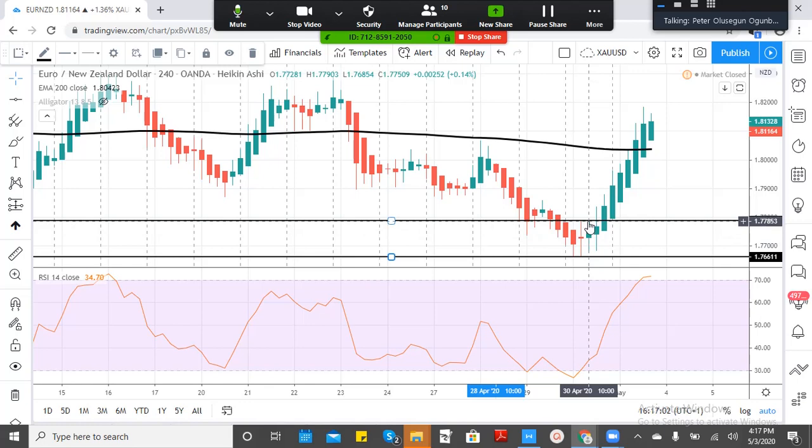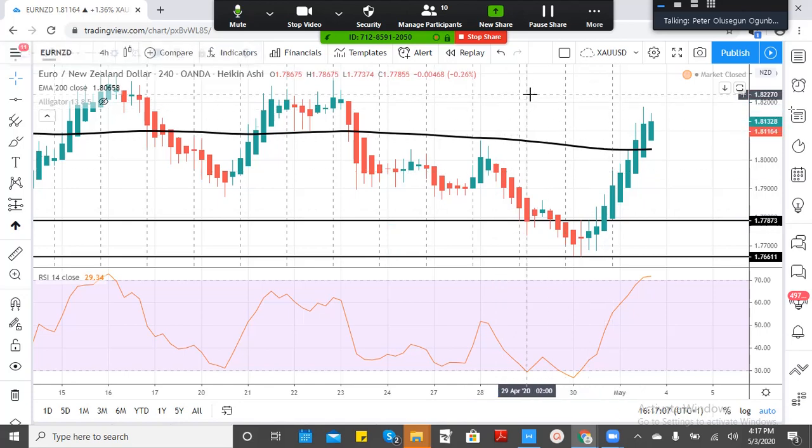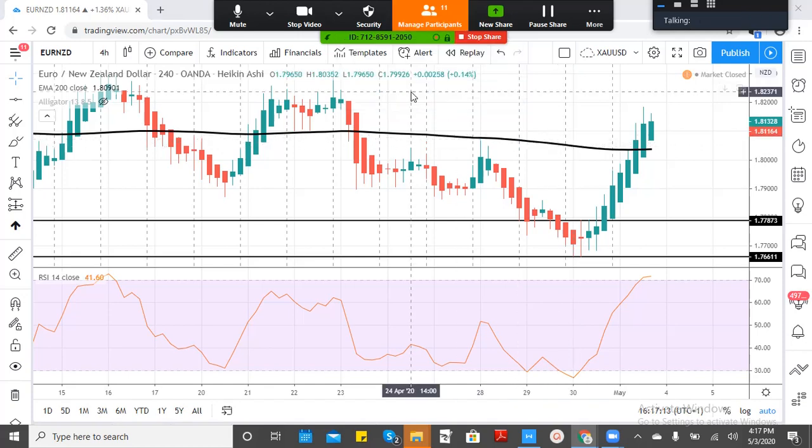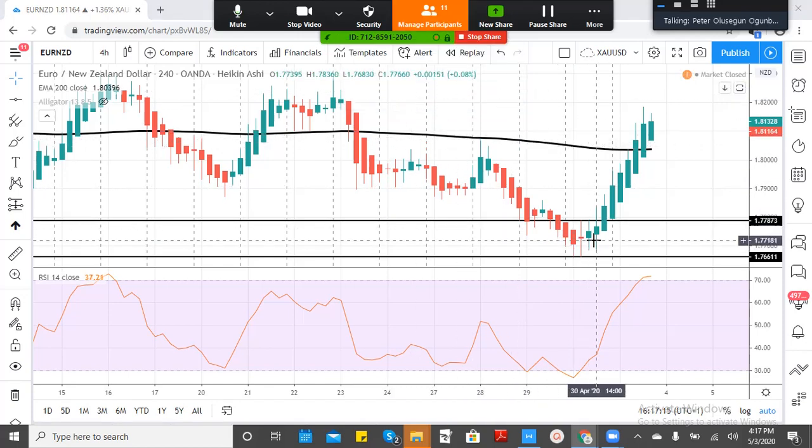So you are trying to wait. You lay in wait for the price to do whatever the price is going to do, to know what you are going to do next. That is how I analyze. I wait for the price here. What is the price going to do?